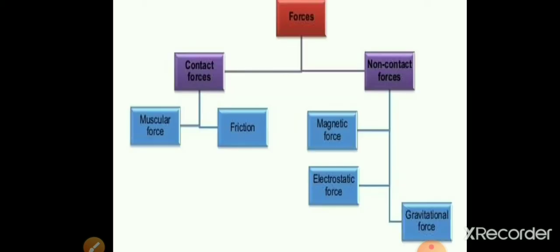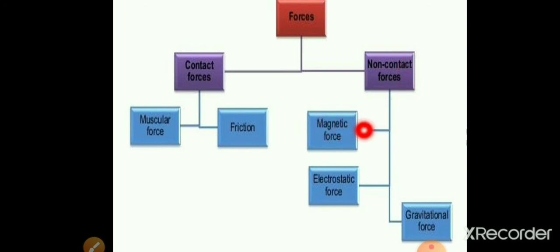If you show it in a flow chart, you can see here forces are of two types, that is contact and non-contact force. Contact force is divided into two types again, that is muscular force and friction force. Which are the non-contact forces?